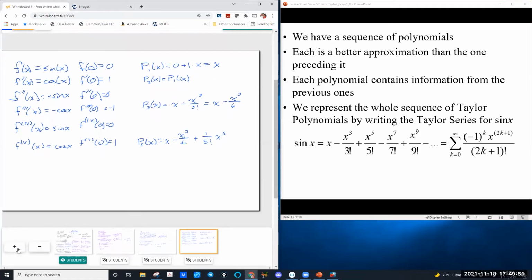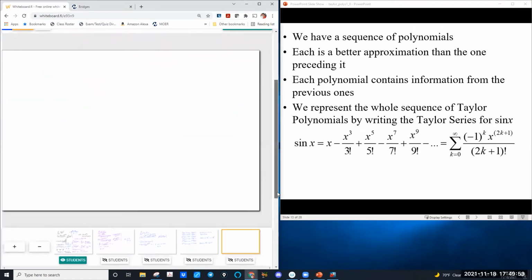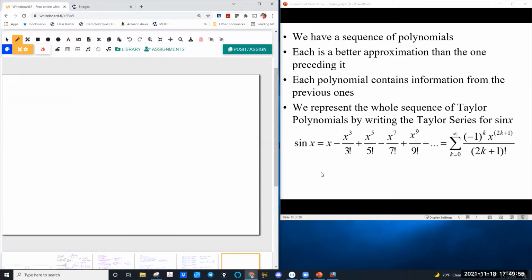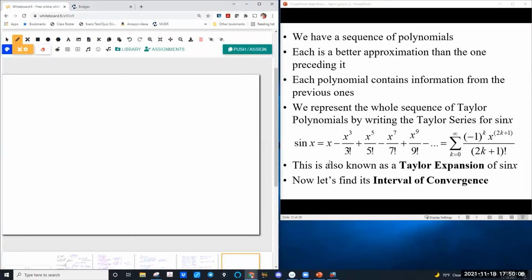Now, this is why I like talking about power series and radius of convergence first: now that we have this written up in summation notation, we can find the interval of convergence for sine. Now, based on what we already looked at graphically, we probably have a pretty intuitive idea because we saw that thing was going to converge to infinity. We're going to expect the radius of convergence to be infinite, but let's make sure we can show it.